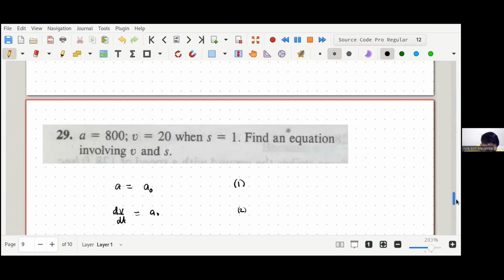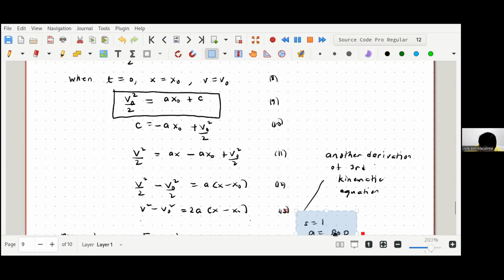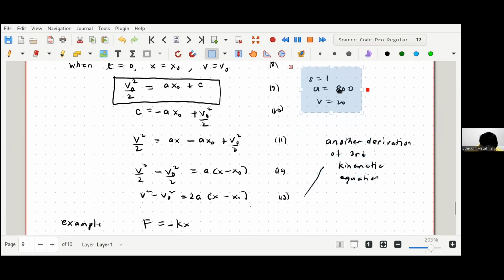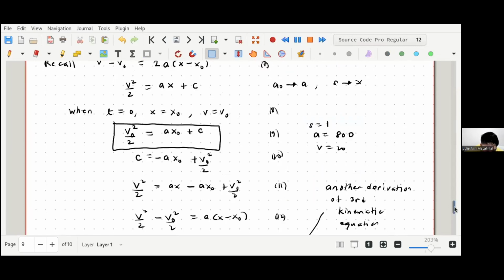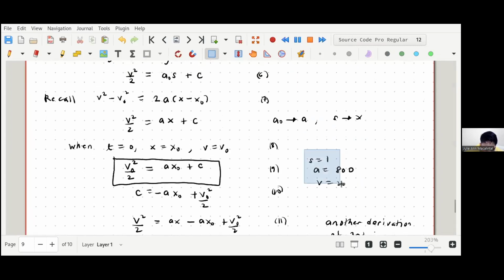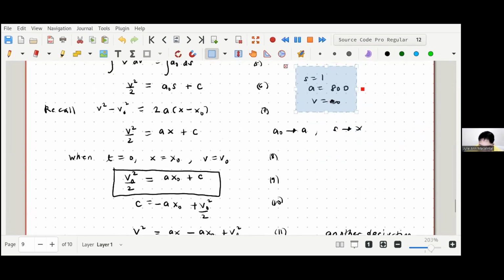So ito na yung A equals 800, V equals 20, S equals 1. So let's copy this.